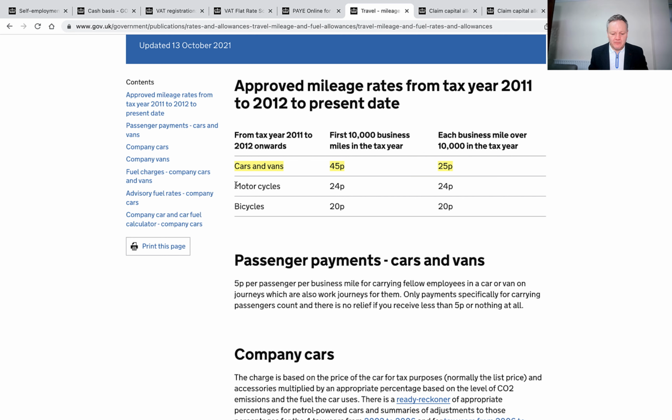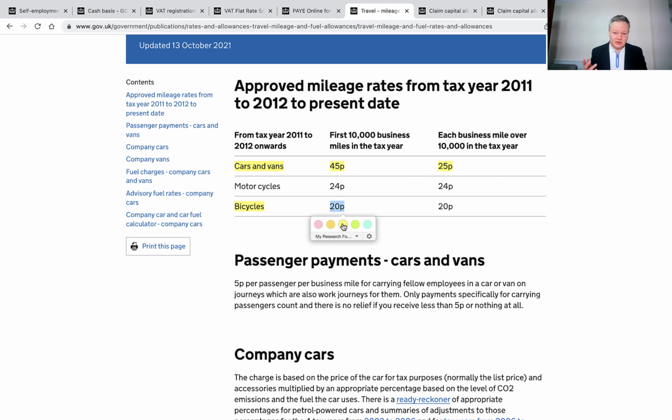If you drive a motorcycle, then the mileage rate does decrease to 24 pence per mile, and it doesn't actually change. As you can see there, it stays static. So 24 pence per mile for a motorcycle, irrespective of how many miles you do. If you are a bike freak, then I'm not, but I do admire those people that are. I do go to the gym. Before you think I'm lazy, I'm not lazy. It's just I don't like bikes.